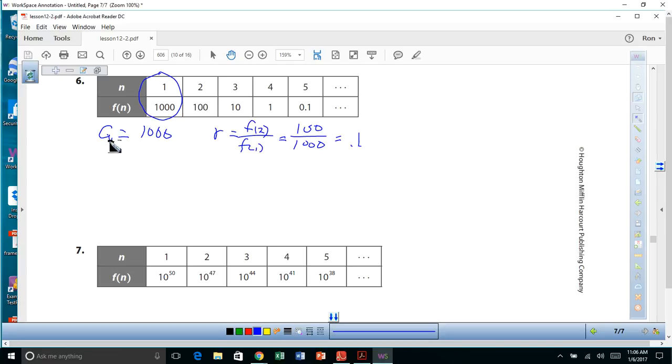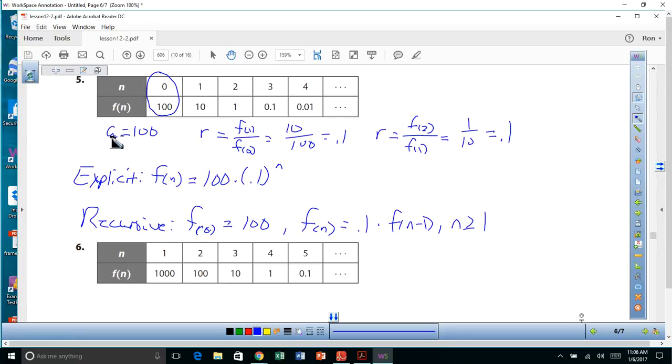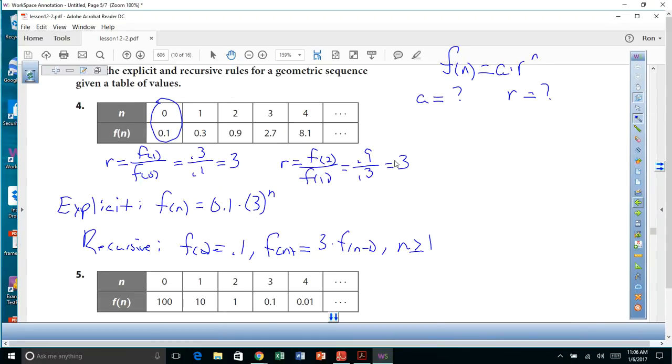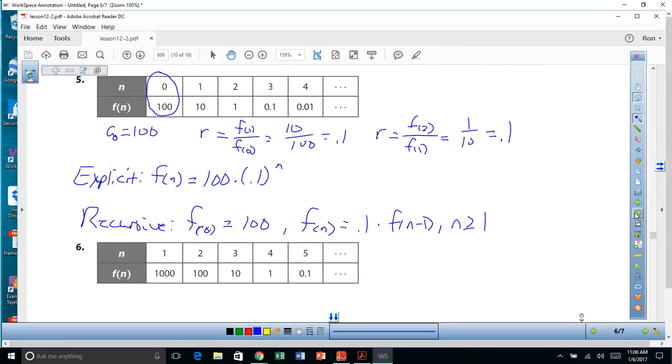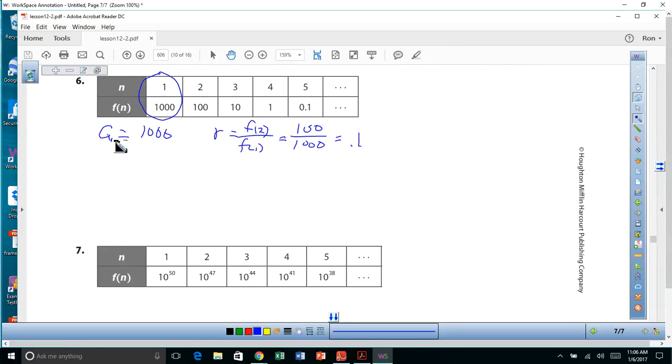Now, this is a sub 1, where if you look, this was a sub 0. I didn't write it down. Okay, so a sub 0. So this is a sub 1.